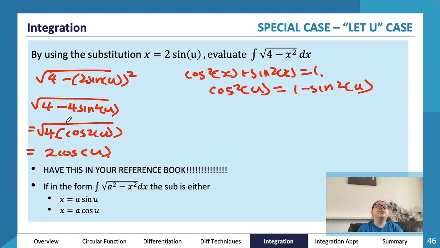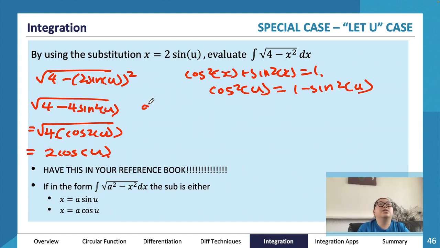Because this is just the positive root, we don't need to be concerned about the plus or minus, because it's not saying that x squared equals cos squared u. It's literally rooting whatever it has in there, right? Just like the root of 4 squared is just going to be 4 rather than plus or minus 4, because the root is always going to give you the positive result. Okay, so we get 2 cos u, right?